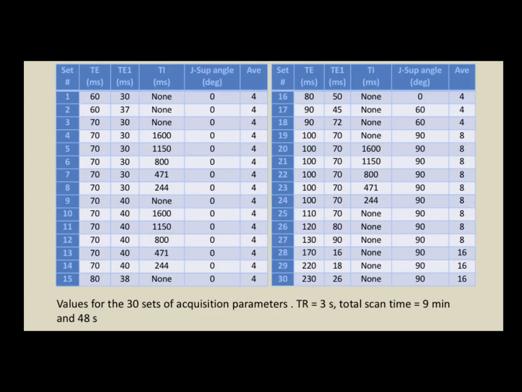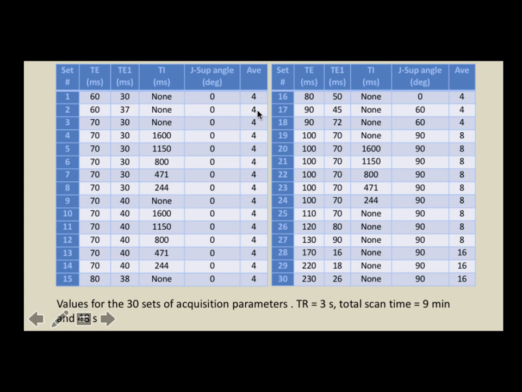In our pulse sequence, we use 30 different sets of acquisition parameters. You see the TE at the beginning is 60 milliseconds. We acquire 4 acquisitions. Each acquisition takes 3 seconds. Then we do the 60 millisecond TE again, but the TE1 is changed from 30 to 37 milliseconds.